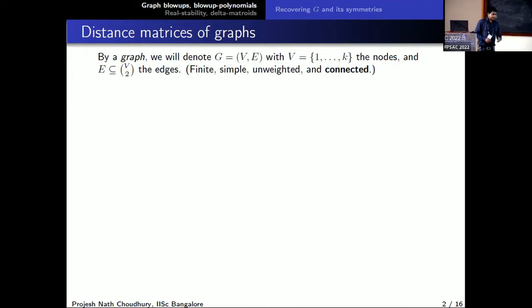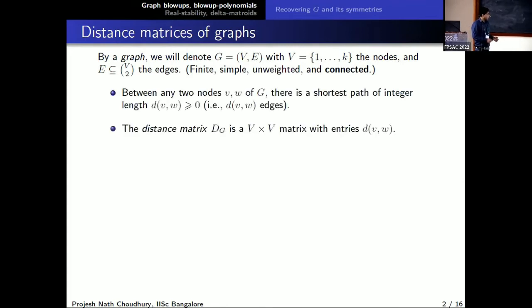Because the graph is connected, between any two nodes v and w there is a path, which may not be unique. Therefore, look at any path of the shortest length, and I call that length d(v,w). It is clearly a non-negative integer, and it is equal to 0 if and only if v equals w. With this number, we form a V by V matrix called the distance matrix of graph G, whose (v,w) element is d(v,w).